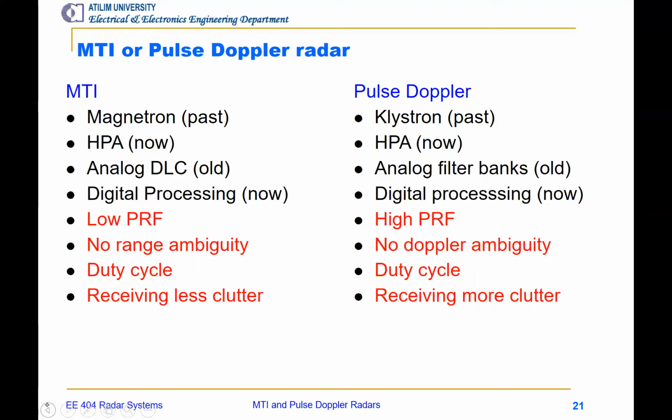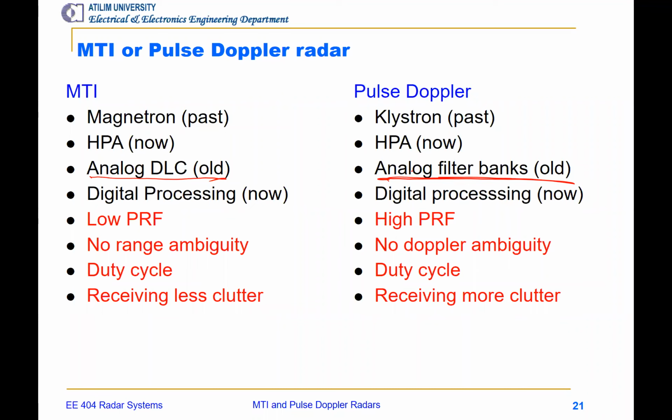In MTI, in the past, there was magnetron as a generator, while in pulse Doppler radar, klystron was used, as far as in recent systems. I mean, today's technology may use different solid state generators. High power amplifier, analog MTI, analog digital filter bank. Now these are old. We have fully digital systems now.